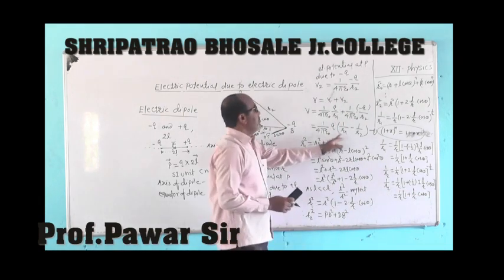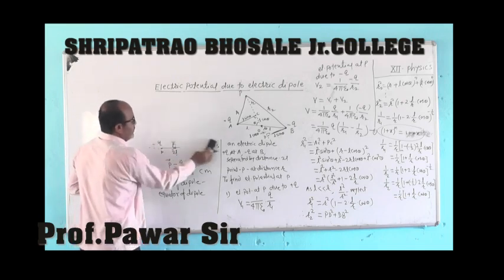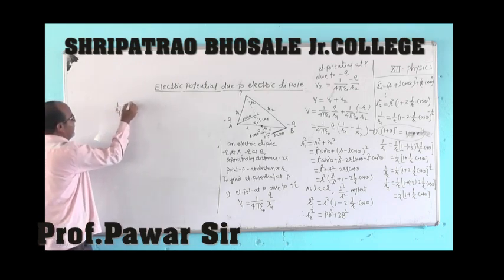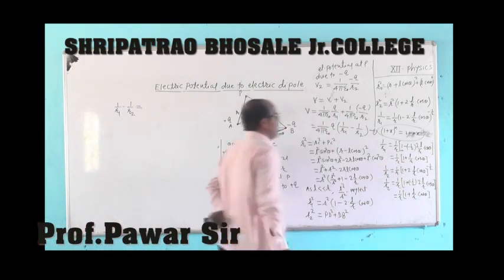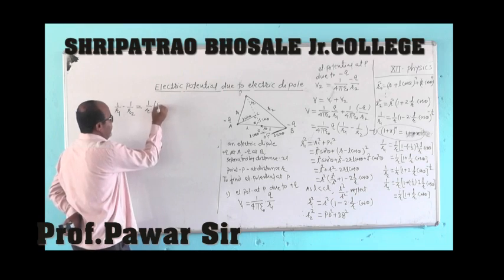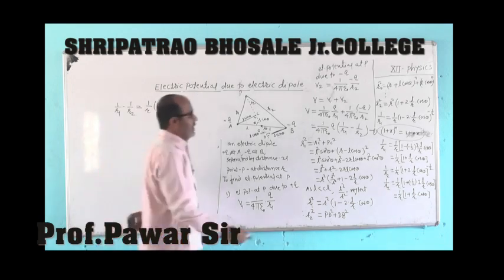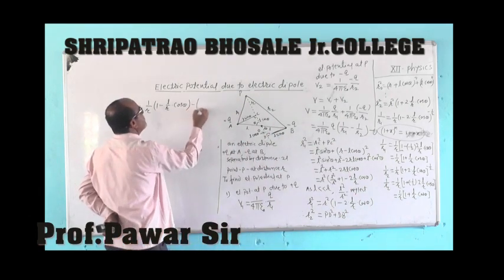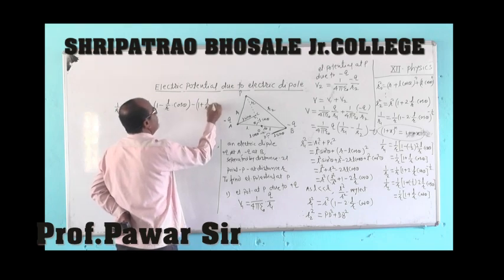Now you can find value of this bracket 1 by R1 minus 1 by R2. Right? 1 divided by R1 minus 1 divided by R2 is equal to this R1, 1 by R into bracket 1 minus L divided by R into cos theta, and R2 is 1 by R into bracket 1 plus L divided by R into cos theta.